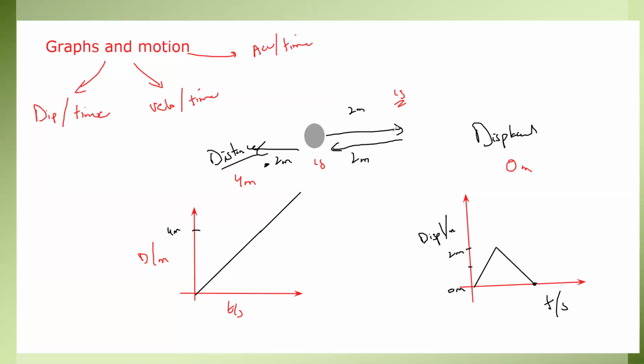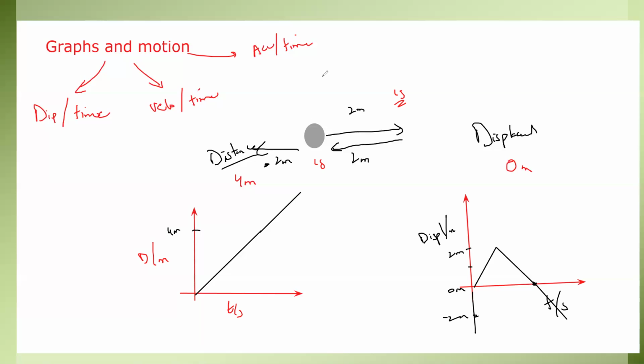So when we draw a displacement-time graph below the origin, it shows that the displacement is opposite to the original position, like this will be negative 2 meters. That's how displacement-time graphs explain the motion of an object with a direction. But the distance-time graph does not give any indication about the direction.